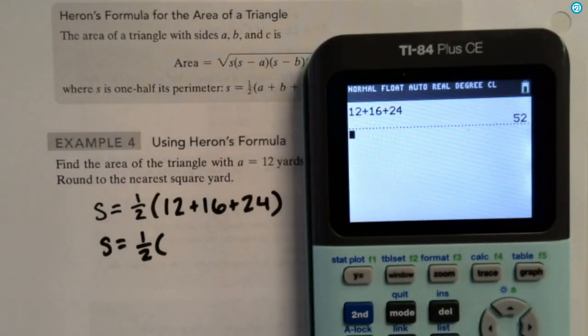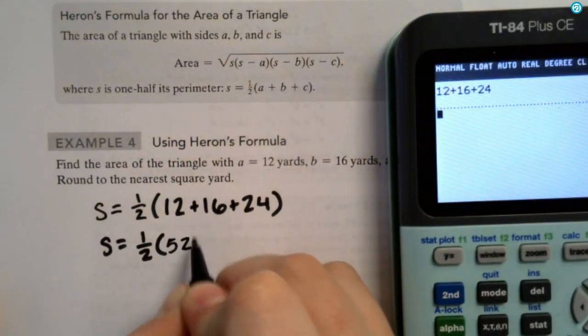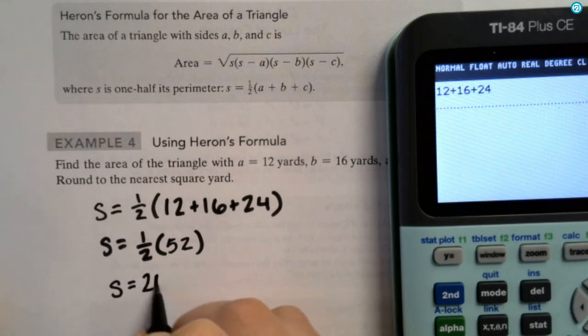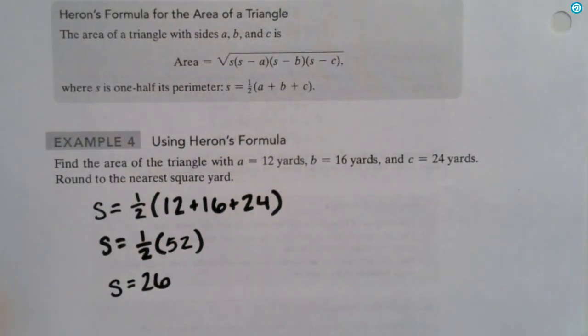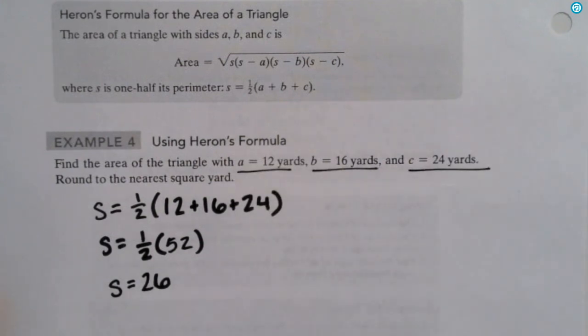12 plus 16 plus 24 is 52. So now we have half of 52, which is 26. So we now know s equals 26. We have a, b, and c.